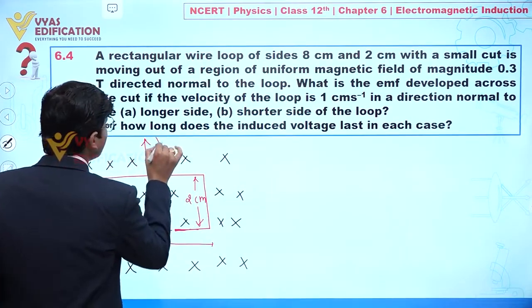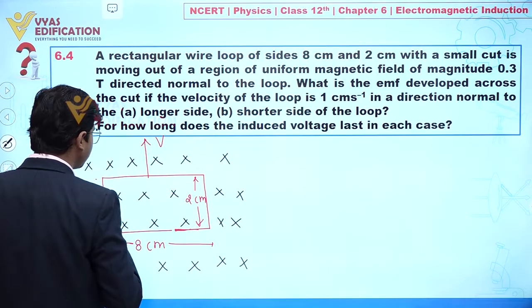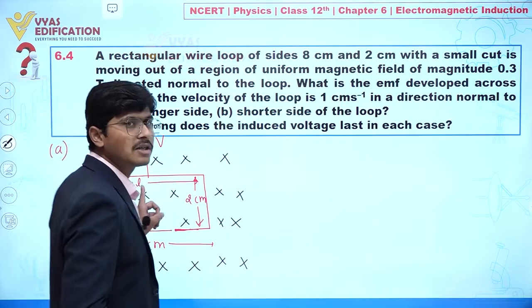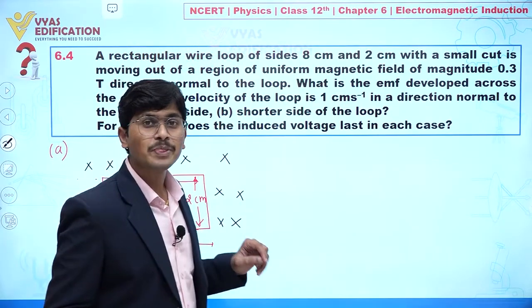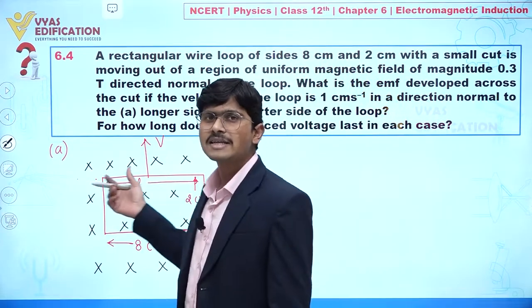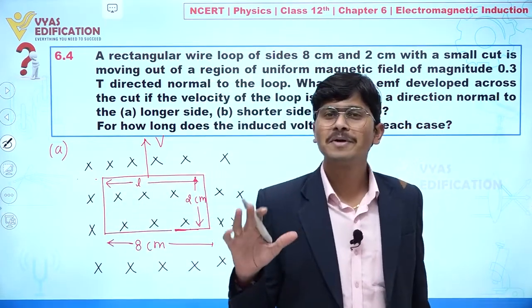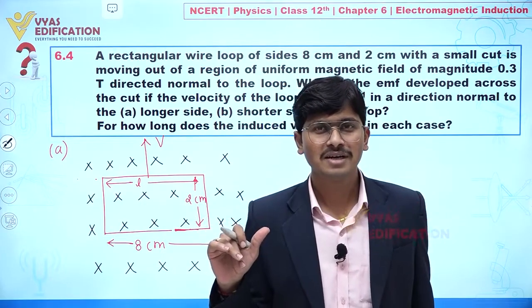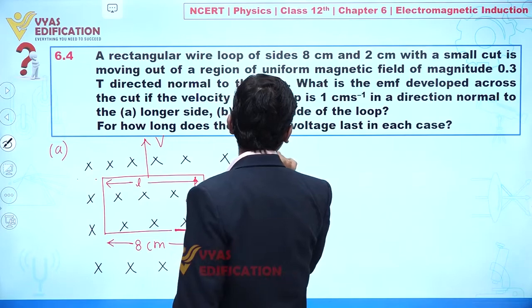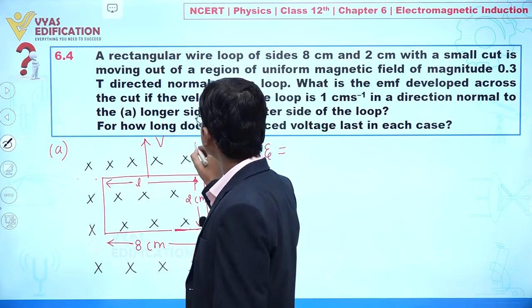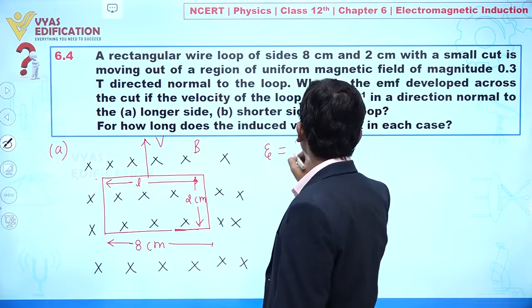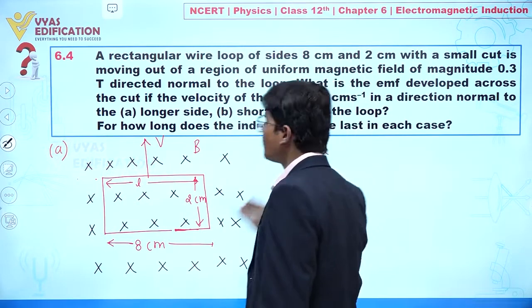Velocity is given in this direction, the longer side is perpendicular to this velocity, and the magnetic field, velocity vector and length are all mutually perpendicular. So you know the formula: when B, V and L are all perpendicular to each other, the induced EMF is given by BVL.